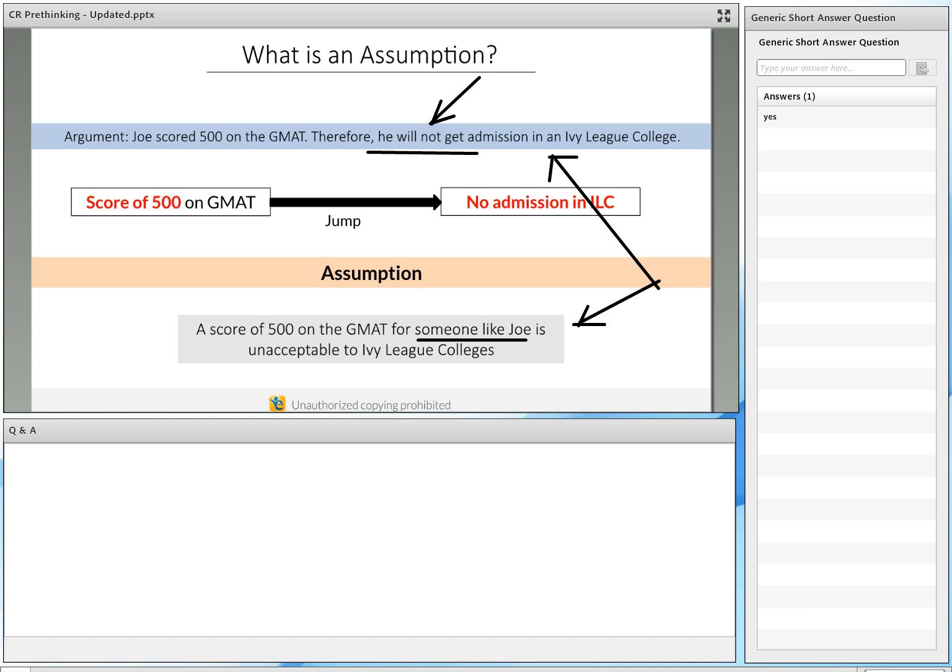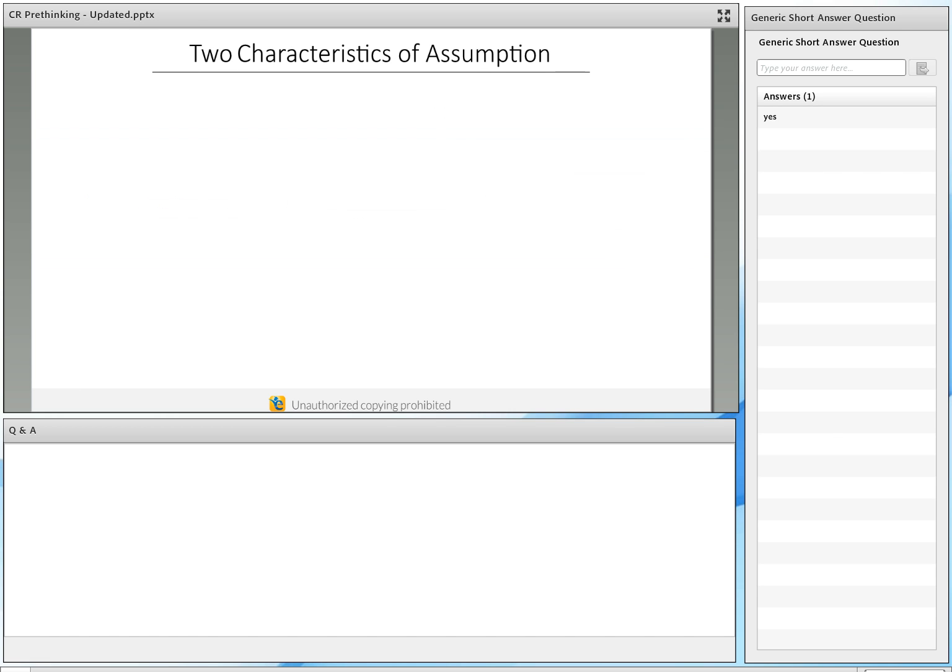Now, someone asked the question, how the hell do I know whether my pre-thinking is correct or not? This is what this session is all about. We're going to tell you how to figure out whether your pre-thinking is correct or not. There are essentially two characteristics. Let's understand the definition of assumption.